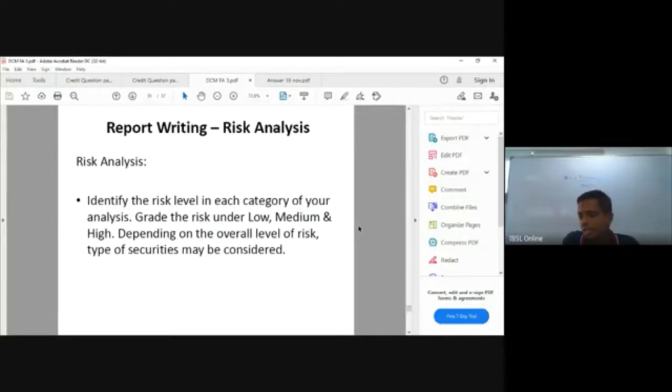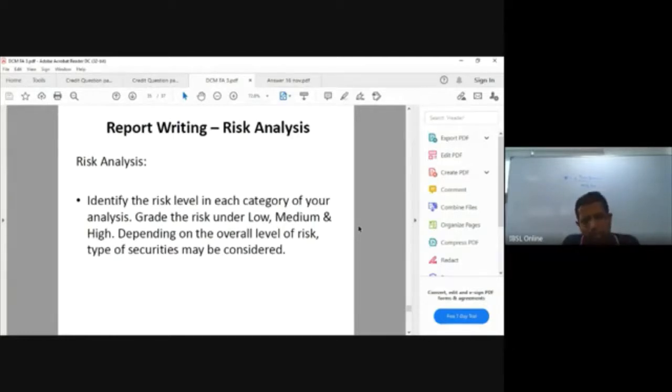Then if the liquidity ratios are good, then you can say liquidity risk is very low. If the liquidity ratios are not good, then you can say under liquidity the risk is high, right? For each individual category of ratio, you have to mention whether risk is low, medium, or high. And overall, based on the individual categories of risk, you have to give an overall risk rating, whether it is high, medium, or low.